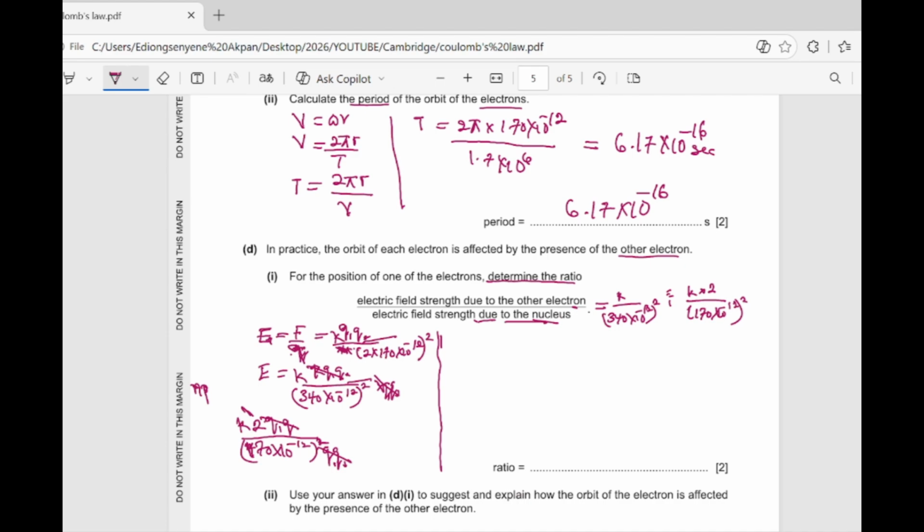Let's multiply it. This will give us k over 340 times 10 to the power of minus 12, all squared, times 170 times 10 to the power of minus 12, squared, over k times 2. K will cancel k.